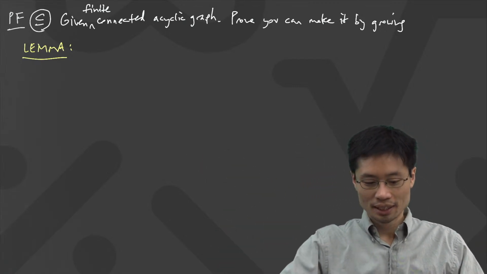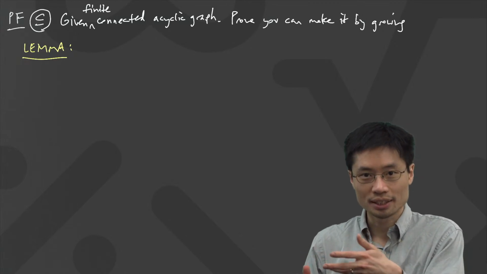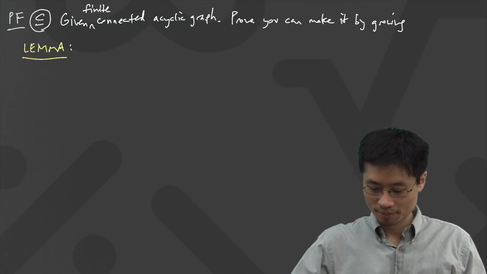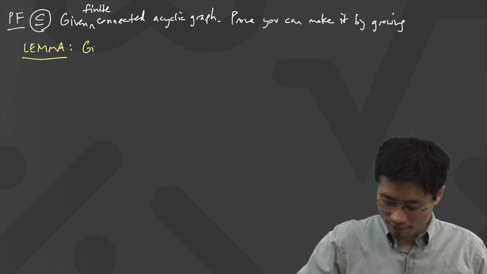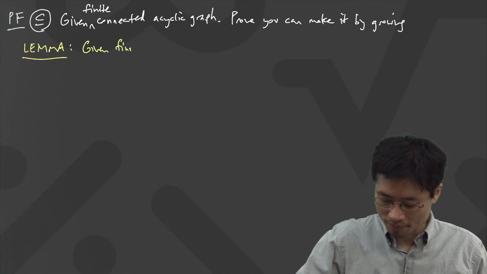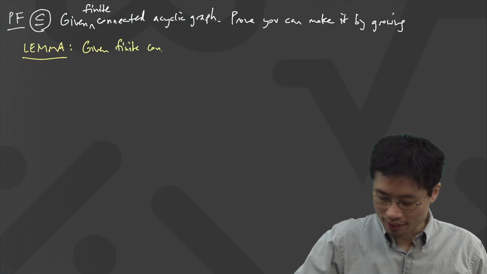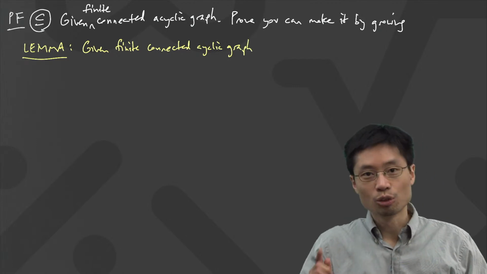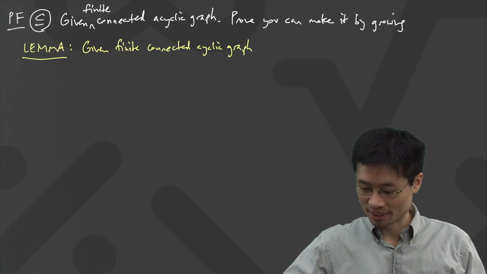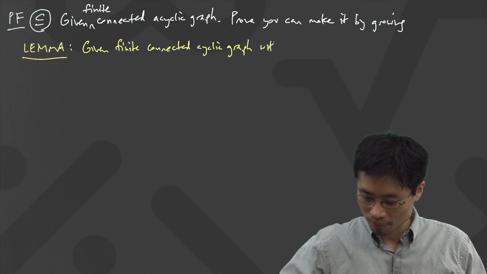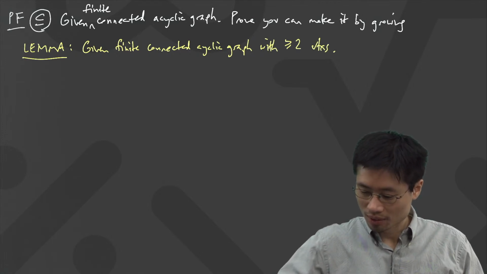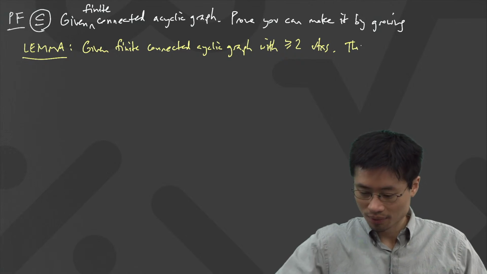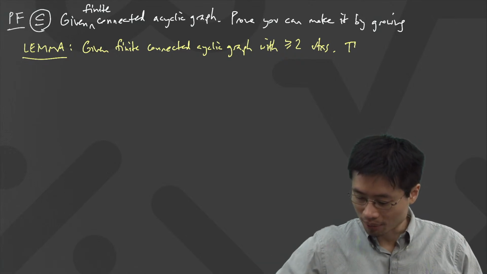The lemma says, suppose I have a connected acyclic graph. It's finite. Okay? So given a finite connected acyclic graph, I'm also going to say with at least two vertices, then it has a degree 1 vertex.